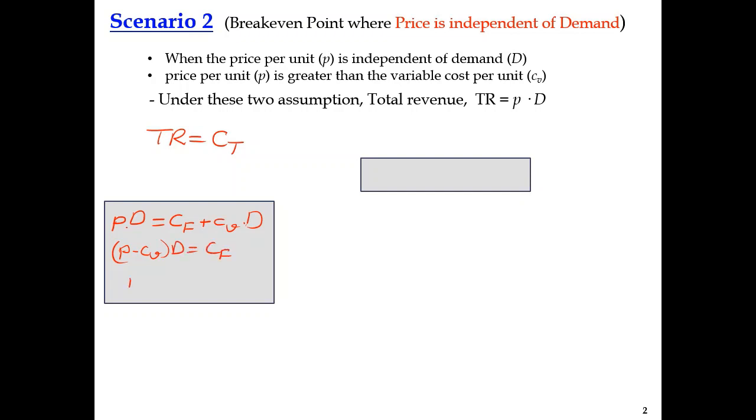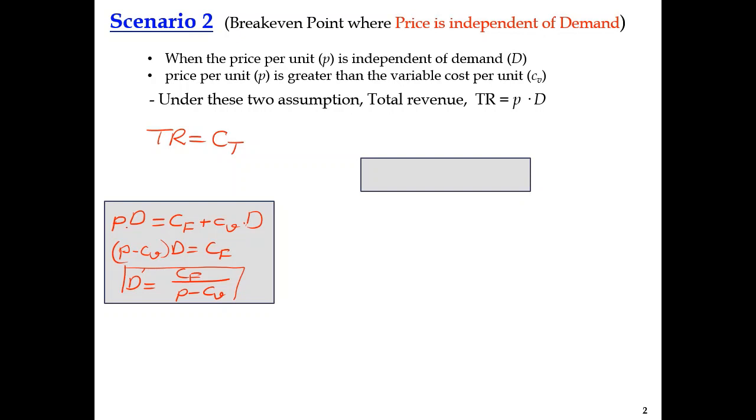From here, the break-even point D appears to be the fixed cost divided by price minus unit variable cost. So this value over here is the break-even point.